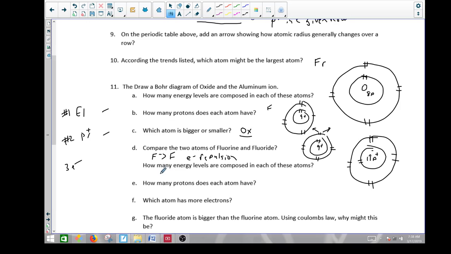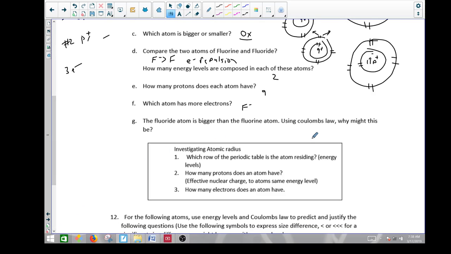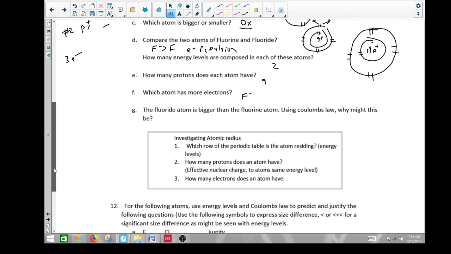How many energy levels are in each of these atoms? Well, there's 2. How many protons? 9. Which atom has more electrons? Well, fluoride has more electrons. The fluoride atom is bigger than the fluorine atom. Use Coulomb's law to describe this. We already did that. Okay. So, investigating atomic radius.